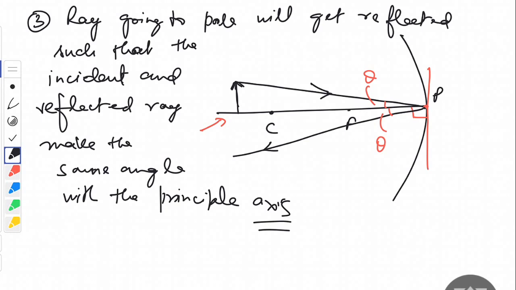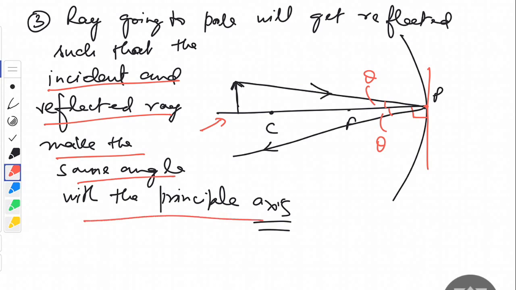The key point is the incident and reflected ray make the same angle with the principal axis. This is what you can write in your book.